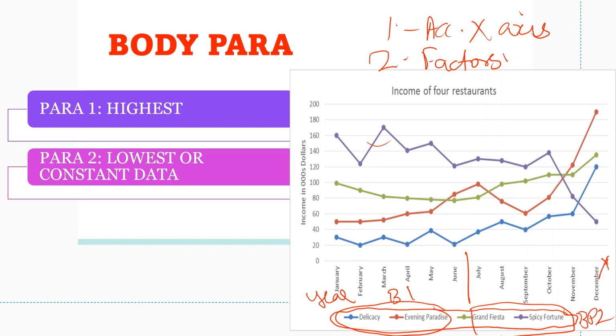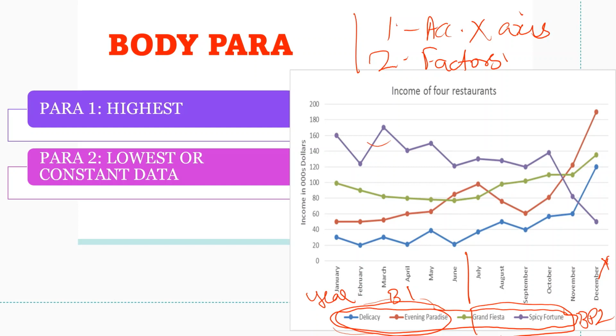This is another method: according to the factors, the coloring, or the data based on which we are going to calculate those numbers and names. So you can segregate your body paragraphs in any one way, either by x-axis or by the factors given for accumulation.